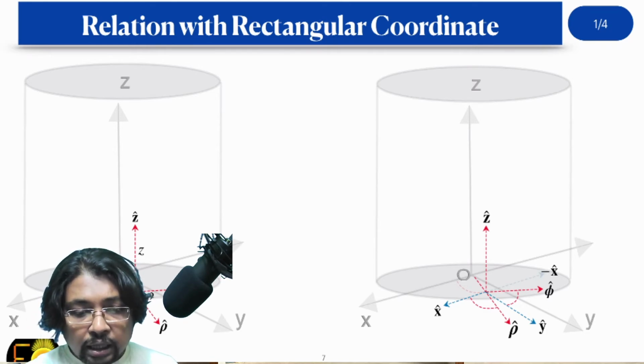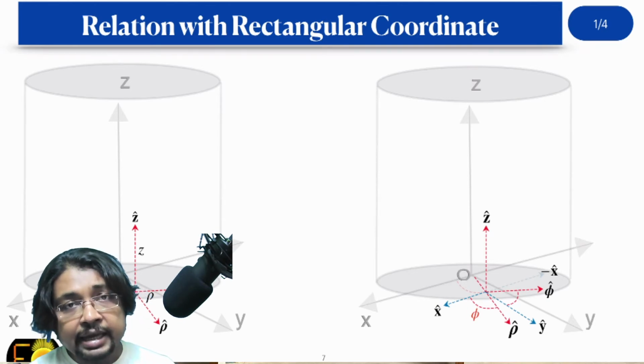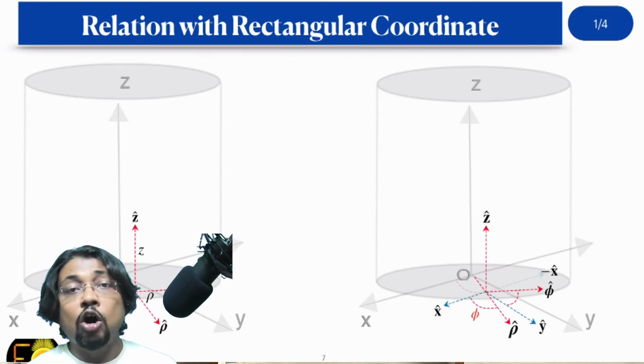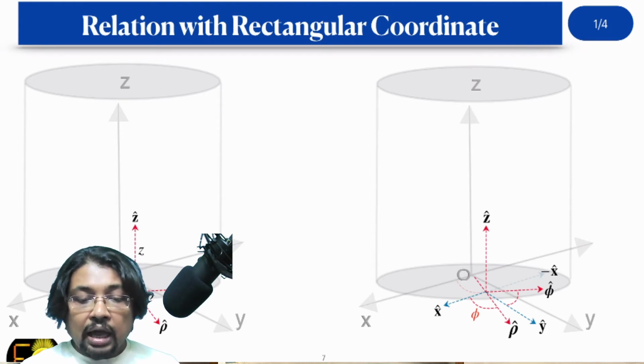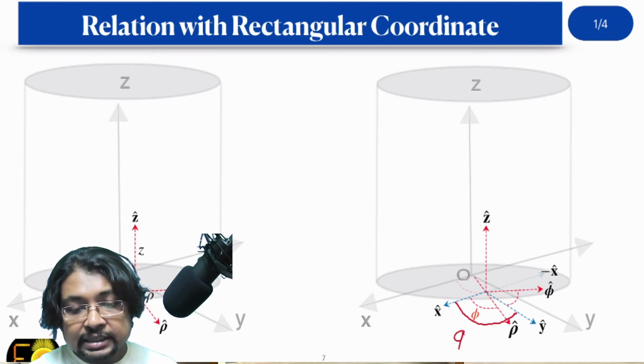Therefore, as you know, the phi angle is defined as the angle that the radius of the cylindrical coordinate system is making with the x-axis of the Cartesian coordinate system, and we also know that the angle between the y-axis and x-axis is 90 degrees.